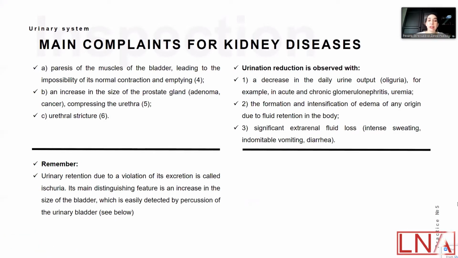Remember that urinary retention due to a violation of its excretion is called ischuria, and its main distinguishing feature is an increase in the size of the bladder, which is easy to detect by percussion of the urinary bladder.